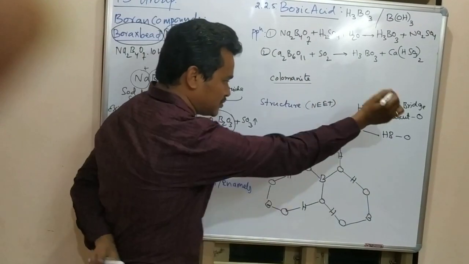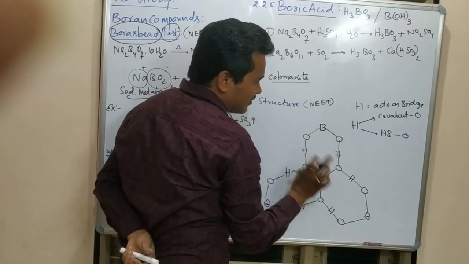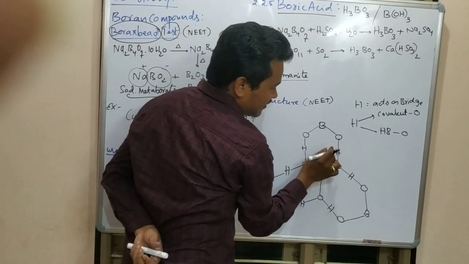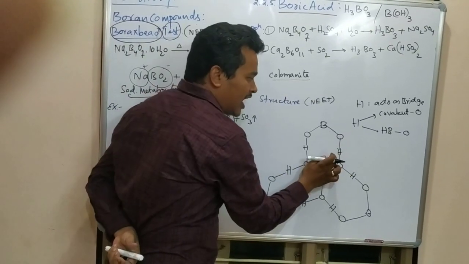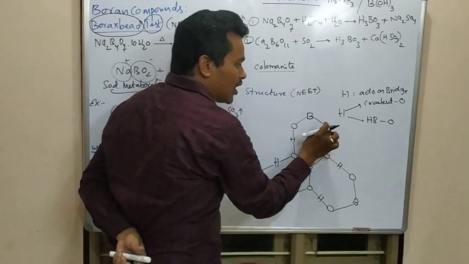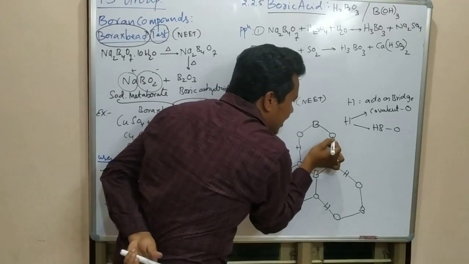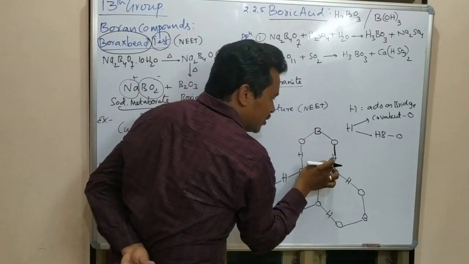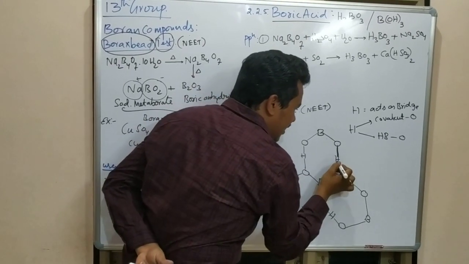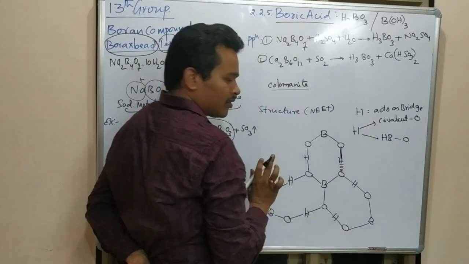Observe here, everybody. Boron having 3 bonds. In case this hydrogen is a bridge, I will write one hydrogen bridged. After that, it is going to form one covalent bond. For example, I am taking this as a covalent bond. So immediately this bond will be a hydrogen bond.